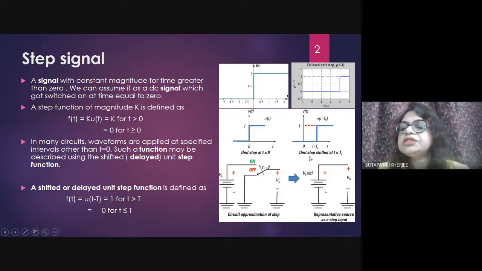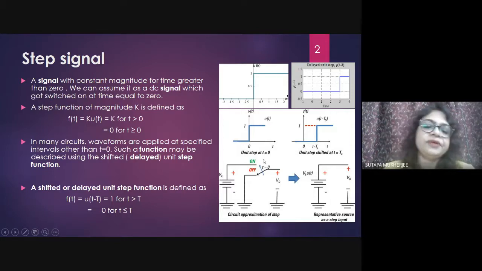But what is a shifted function? If the step function starts after a certain interval, here the interval is ts, what will be the change of the function? K of u(t minus ts), because it starts from the time interval ts. Hence it is called a shifted step. So this is the switch. On the basis of the switch on and off, you will be able to get the step function.